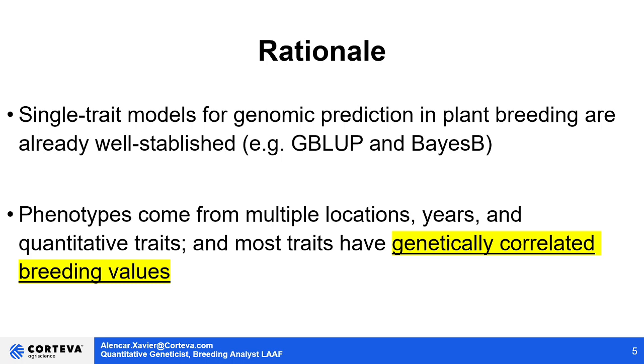However, phenotypes may and do come from multiple locations, years, and quantitative traits. Many of those are genetically correlated, and one may consider using the genetic correlation among those traits to enhance the prediction, thus adding more information to every single prediction.